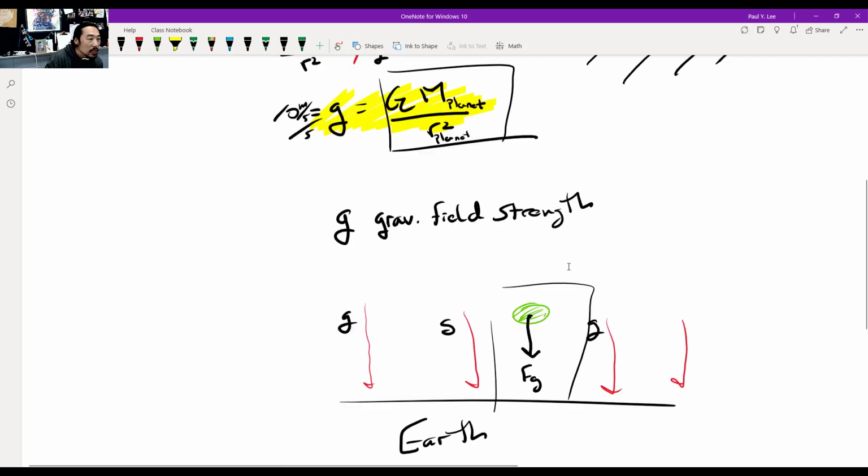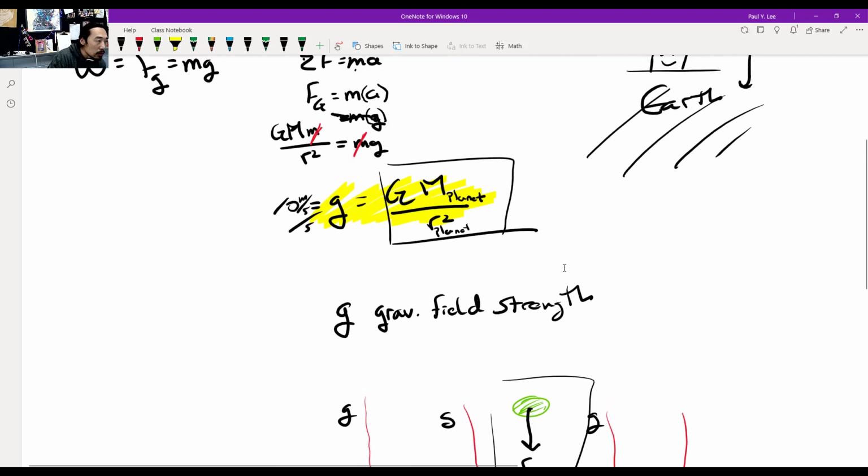So g is the gravitational field. In kinematics, we call that the acceleration due to gravity, but it's the same idea, and the formula for that is right there: capital G, m of planet over r squared of the planet.